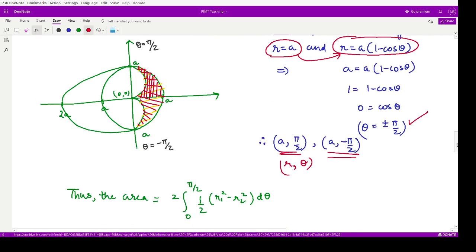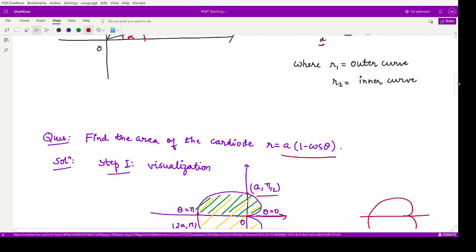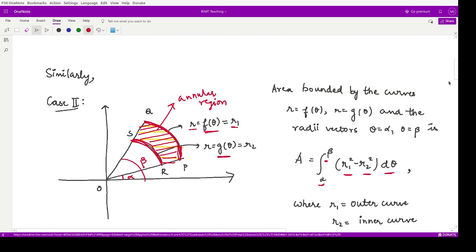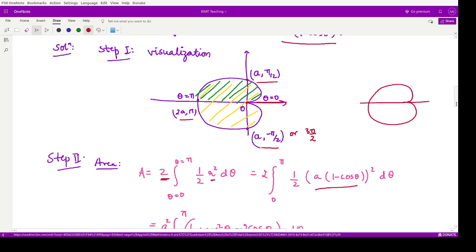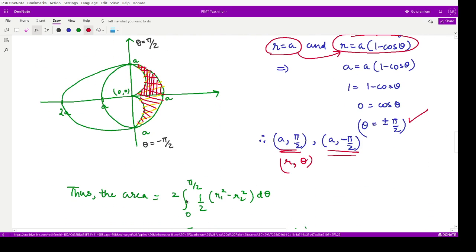So this area would be, I'm sorry, the formula here should be 1 by 2 integration alpha to beta r1 square minus r2 square into d theta. We'll be using this formula because we are now given two particular curves. For these two curves, the area is twice that of this first quadrant area.